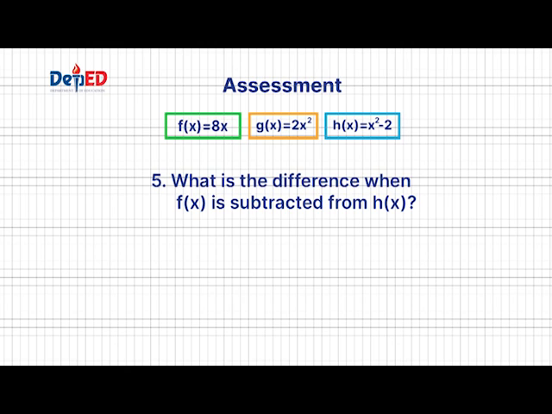Their difference is x squared minus 2 minus 8x, or x squared minus 8x minus 2. In any order of the terms, as long as you have positive x squared, negative 2, and negative 8x.